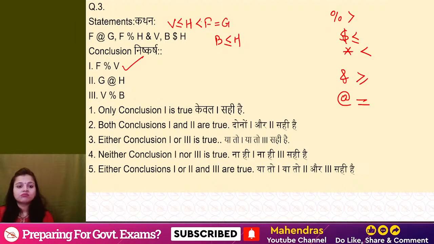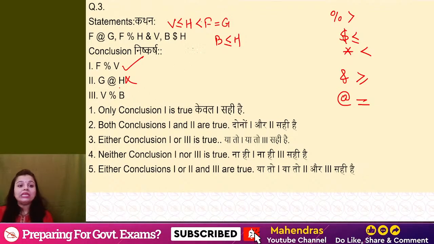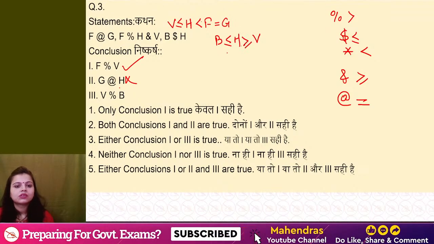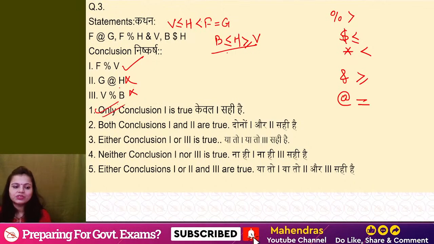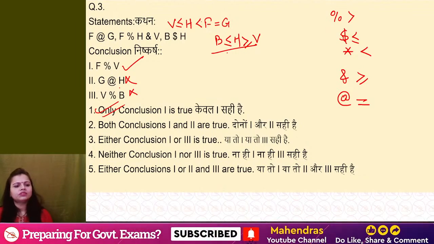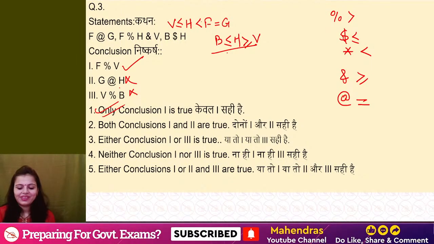G equal to H. No. V is greater than B. See, V is less equal to H, na? So again wrong. So answer will be only 1 is true. If you are checking second and third for either or, this will not fall in the either or because the elements are different. So answer will be only 1 is true. Okay.